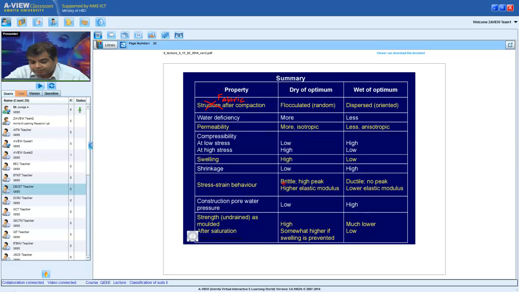Dry of optimum also gives a more brittle behavior compared to wet of optimum. That's an important observation. So when we say steeper for the leftmost column, it would give a higher elastic modulus compared to the elastic modulus of wet of optimum. Likewise, you can go home and take a look at the remaining 2 columns as well.